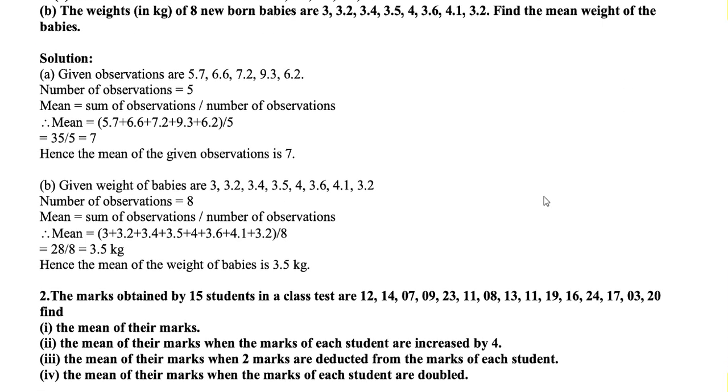Again, we will count the number of observations: 1, 2, 3, 4, 5, 6, 7, 8. So the number of observations is 8. After that, add the figures and divide by the number of observations. You will get the mean weight of the babies, that is 3.5 kg.